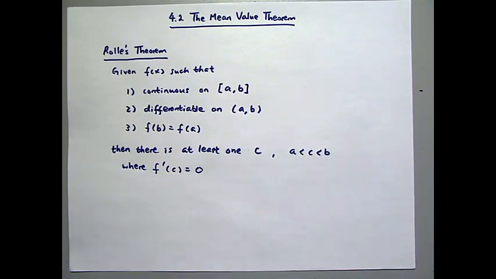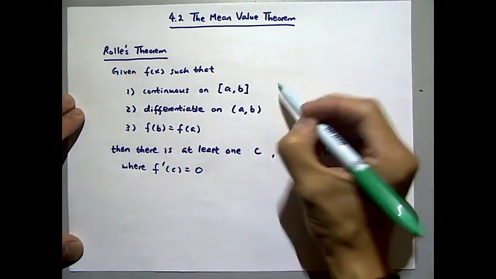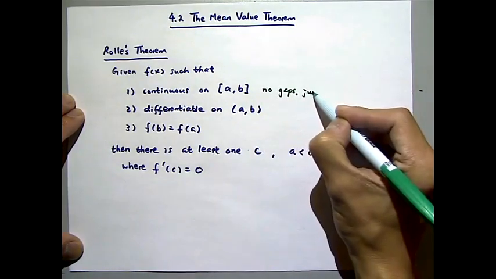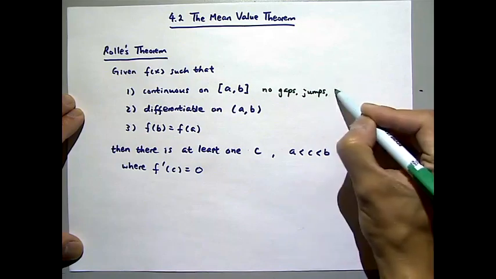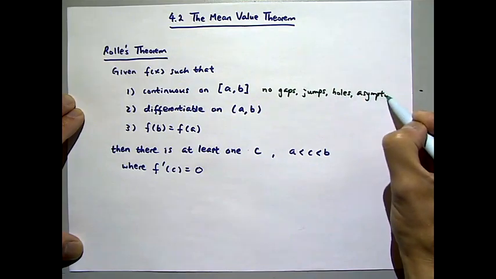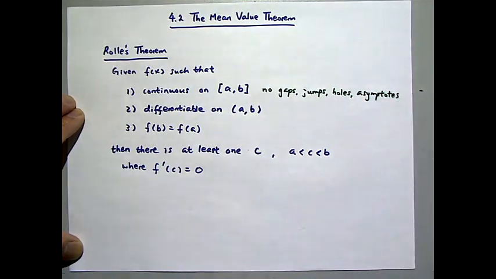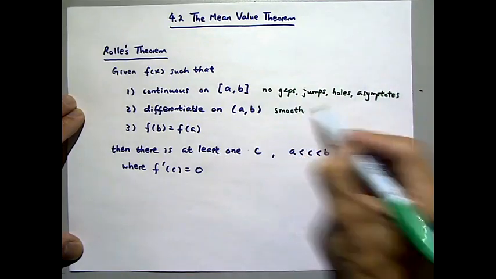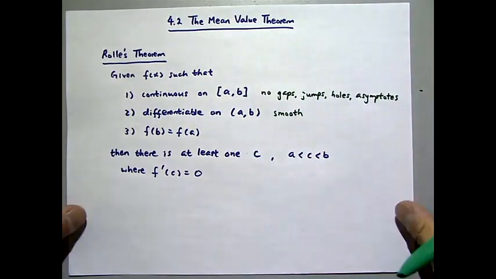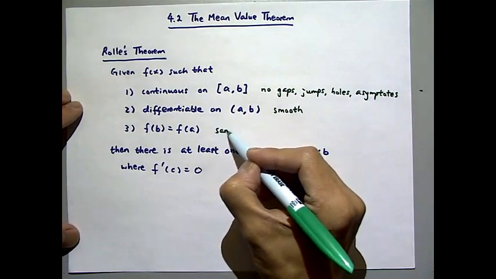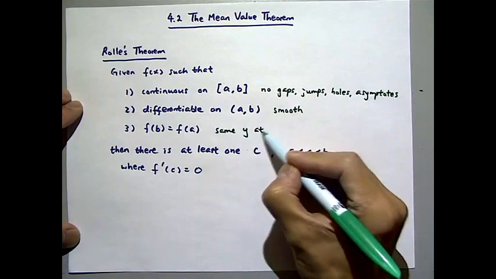Let's go back and look at each one of these a little bit. For something to be continuous, remember, this means that there are no gaps, no jumps of any sort, no open circles, and obviously no asymptotes. For something to be differentiable, we want this to be smooth. No corners, no cusps. And this just means that we have the same y at the ends.